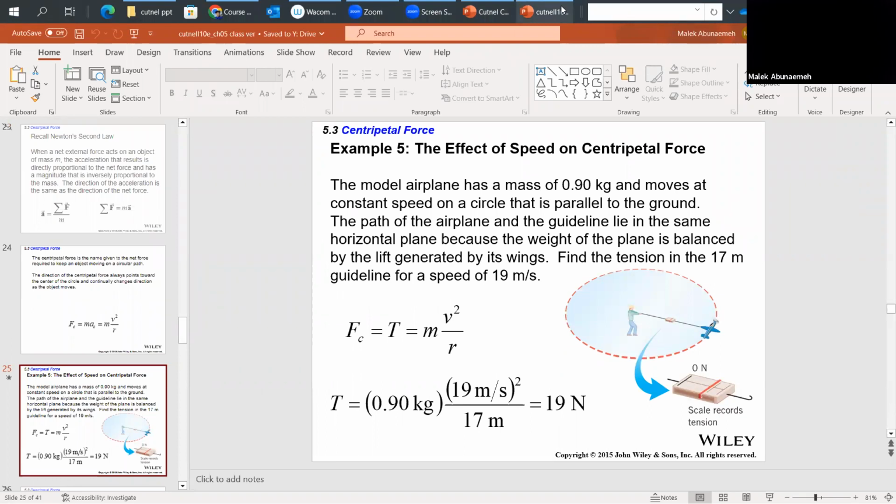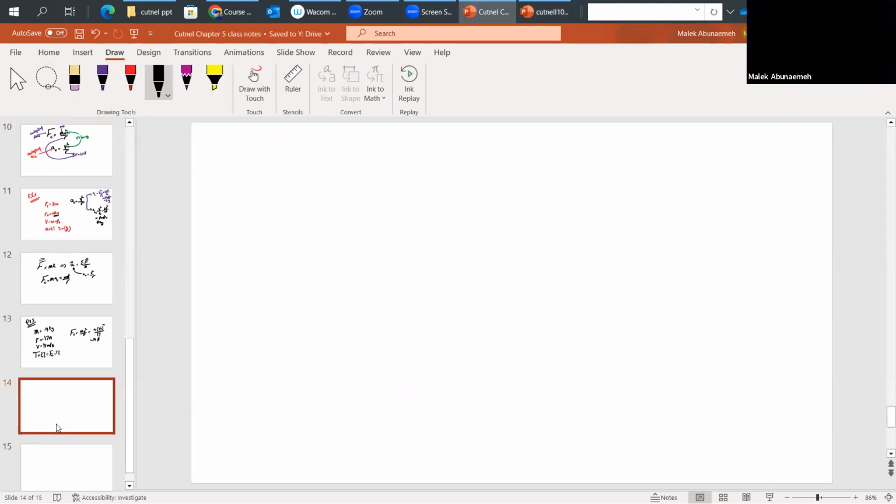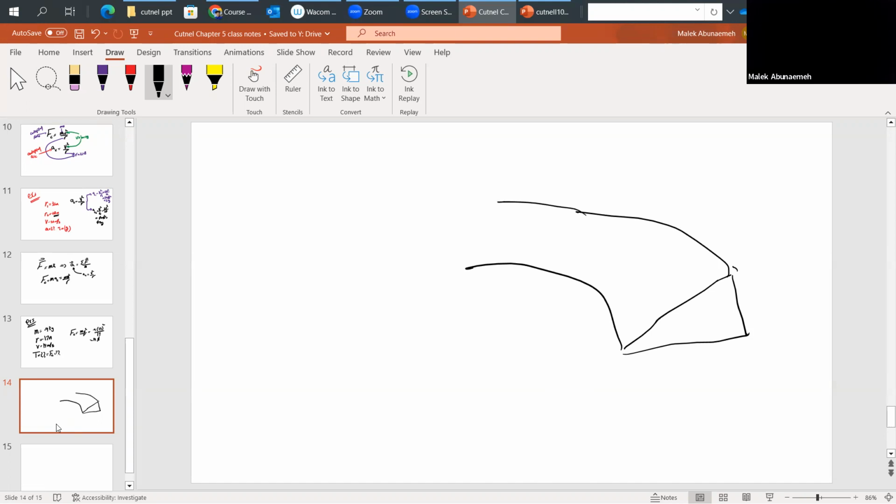Now, when you go on a curved path, let's say you got your car, let's say you're going on a curved path in your vehicle.